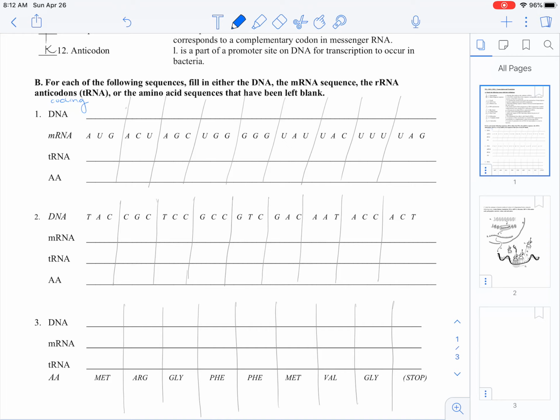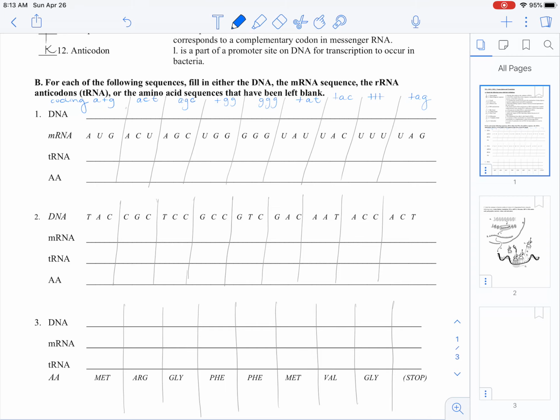So in problem 1, the coding strand is going to be ATG, ACT, AGC, TGG, GGG, TAT, TAC, TTT, and the last one is TAG.